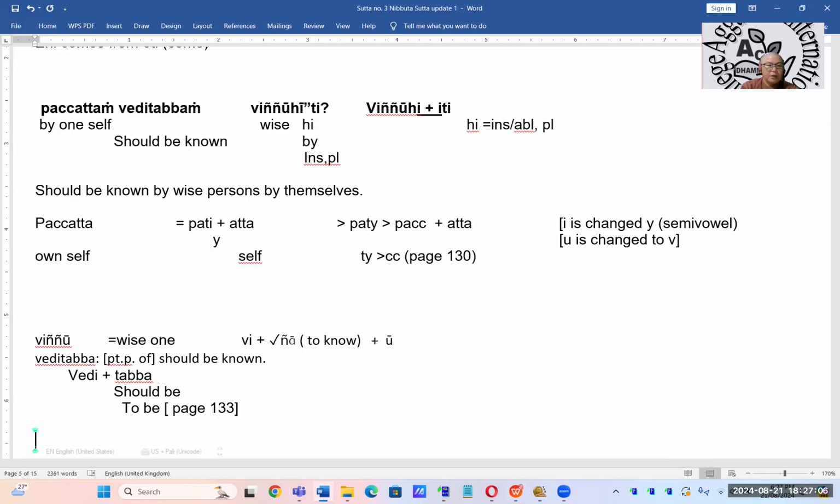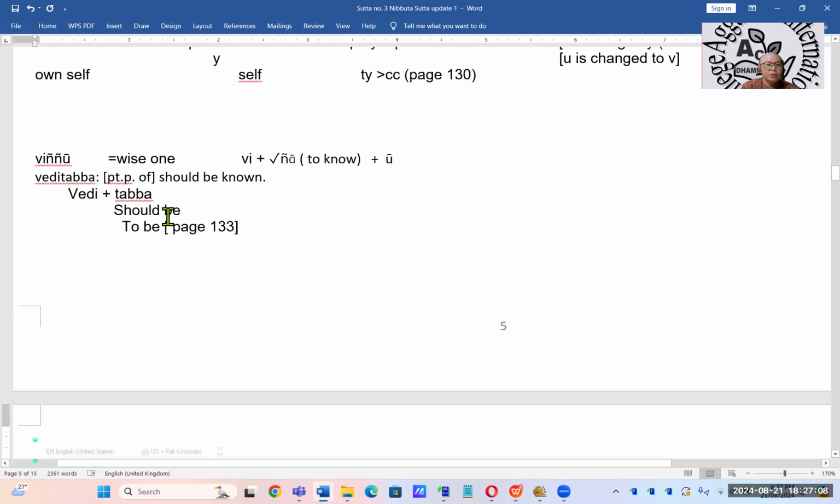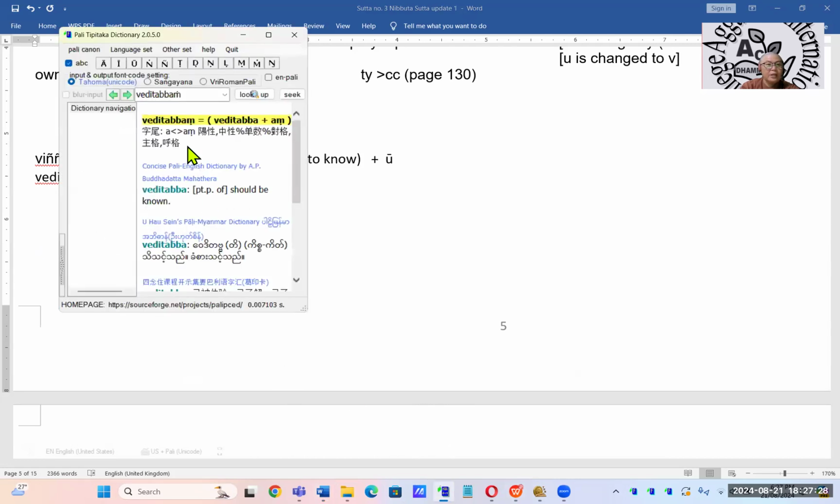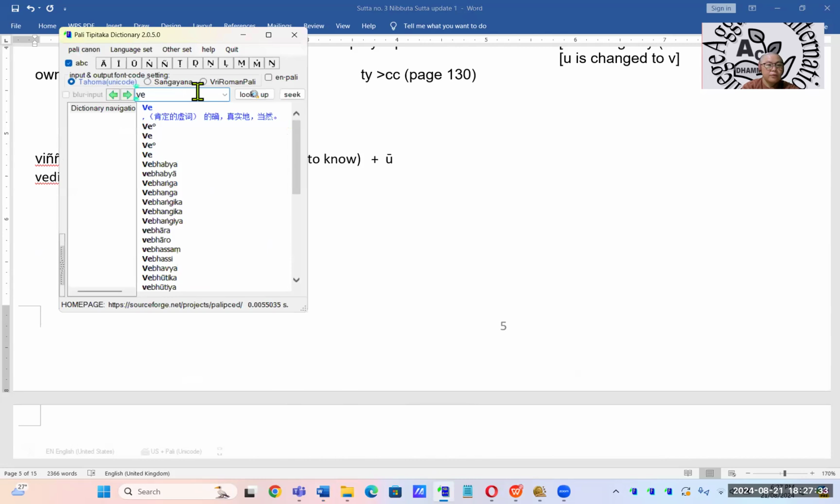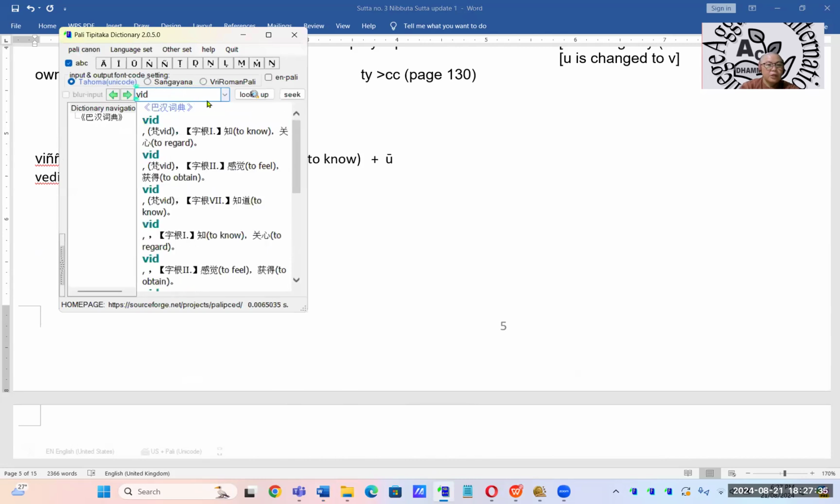Now we know the meaning of tabba is should be, to be. Now what's the meaning of veditabba? To find it is very easy. The root is vid plus tabba. Now the root vid has a few meanings, so you can check any dictionary. Vid: to know, to feel.